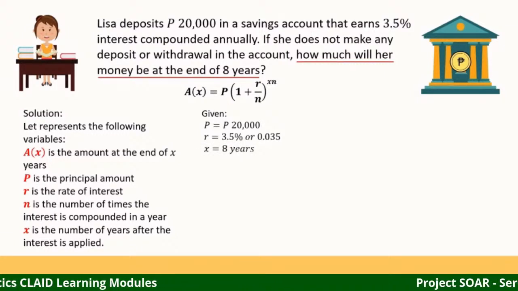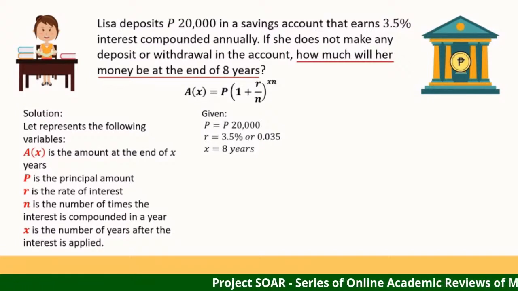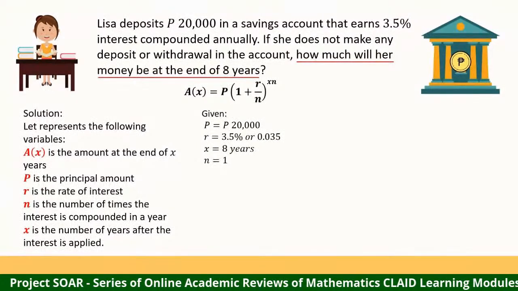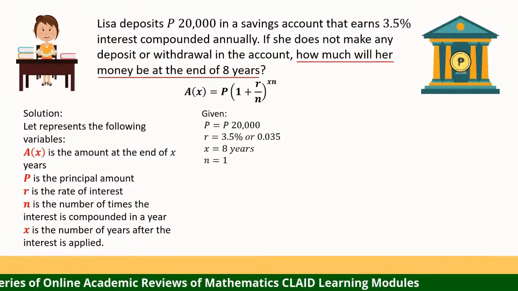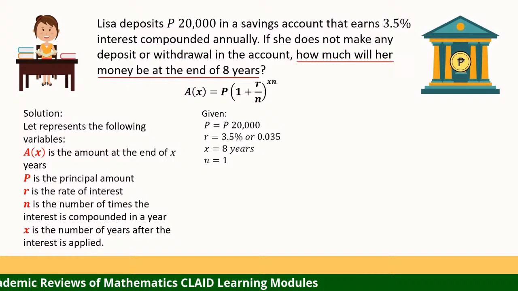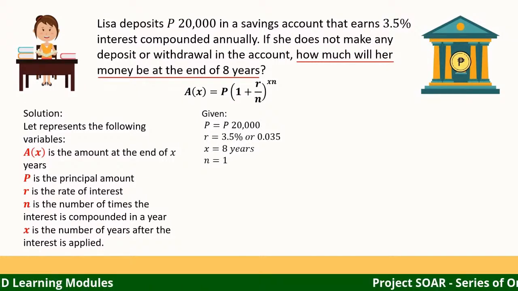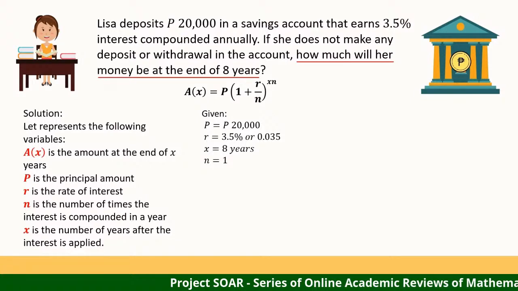And X is 8 years. Why 8 years? Because we are looking for at the end of 8 years. And then N is equal to 1 because it is compounded annually. So when we say annually or annual, it is 1 year.